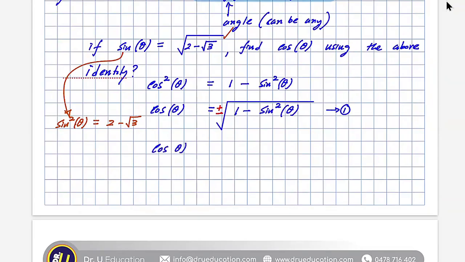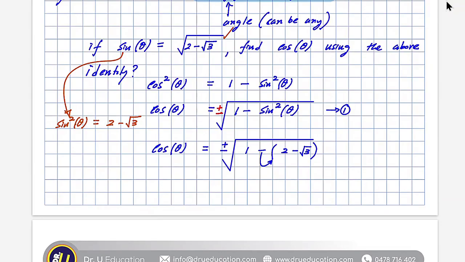So cosine theta is equal to, you have the square root here with plus and minus, 1 minus sine squared theta. You are going to carefully substitute in here. So when you do that, all the time you have to introduce a bracket. Why do we use a bracket? Because sometimes you have a minus operator. If you don't put a bracket, the second term is not going to be minus.